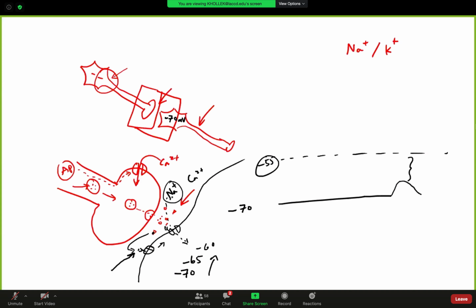But if enough sodium is coming in, once you reach the negative 55, obviously these voltage gated sensitive sodium channels are opening, and that causes the action potential. In other words, you could reach up here, and once you do, then boom, that causes the other channel to open too.